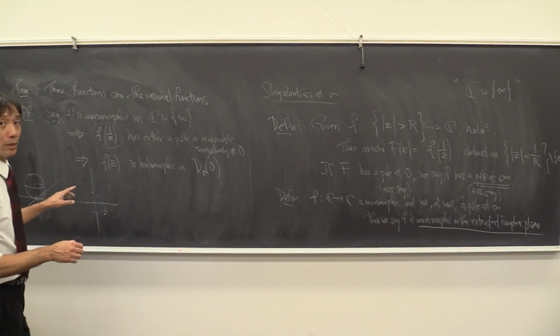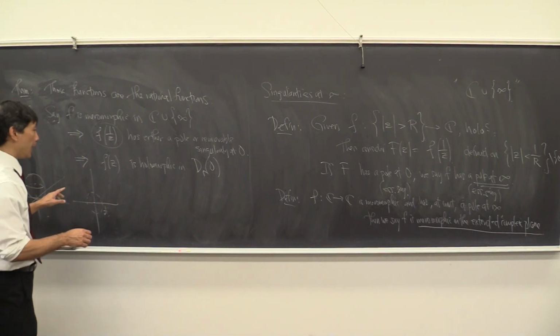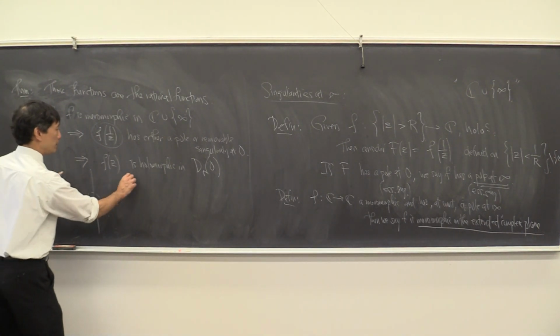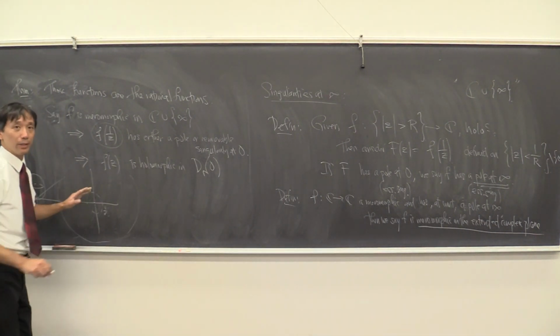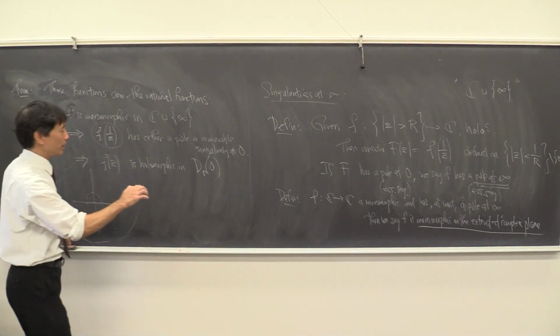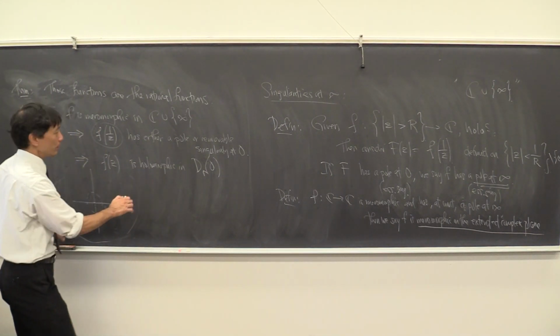f is holomorphic for z such that 1 over z is in the disk. Right, so it's good outside of there. Sorry, I should say it's good outside of there.